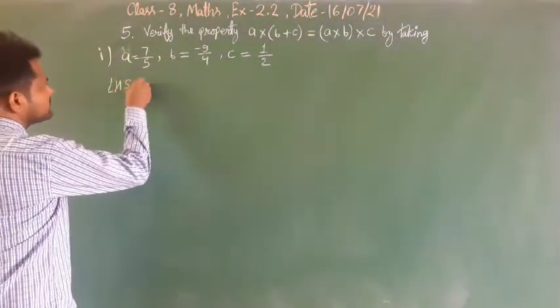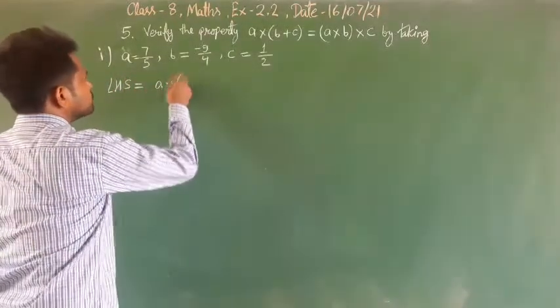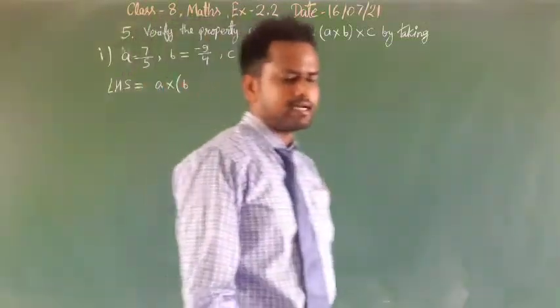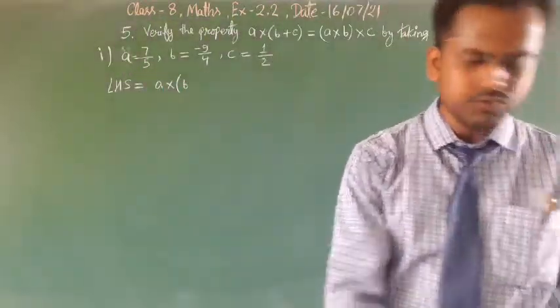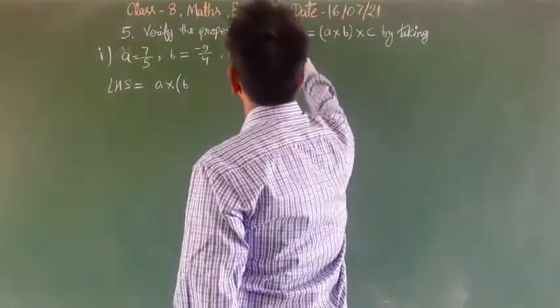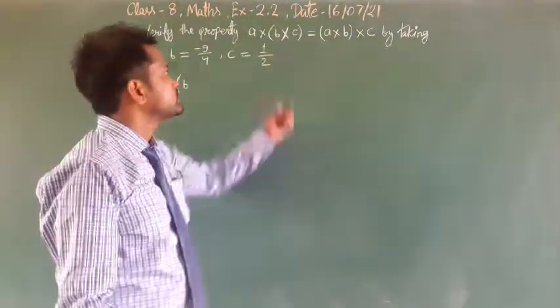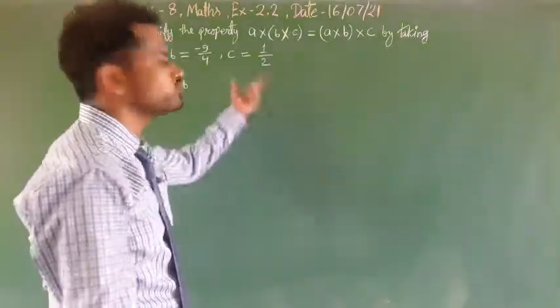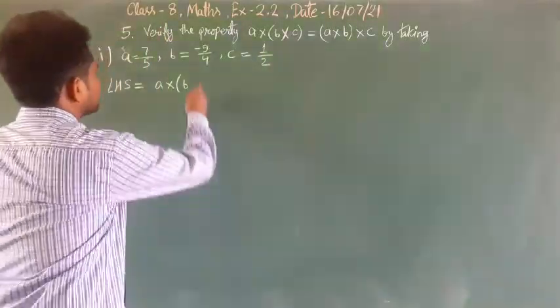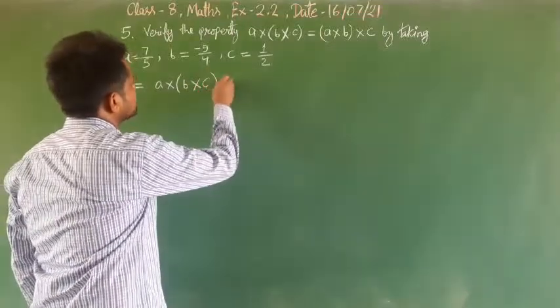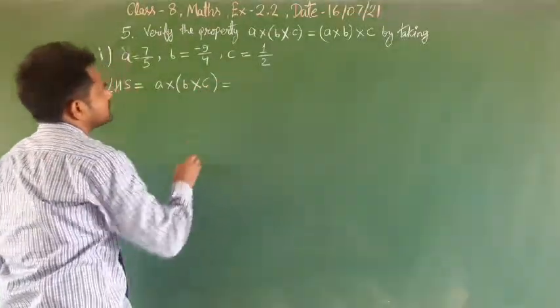Now the left hand side is A into (B into C). That is the associative property. You have to verify it. Take the left hand side, A into (B into C), and put the values of A, B, C in it.